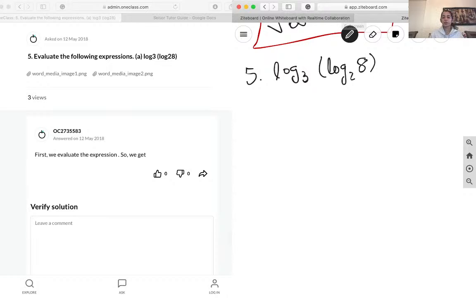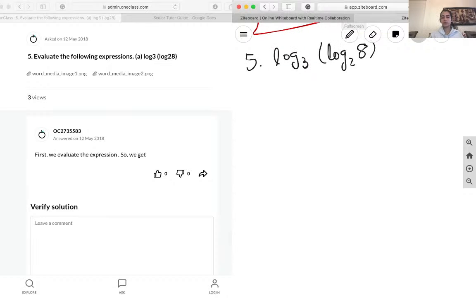Okay, so our first step is to isolate each part of the question. So we're going to first approach this part, which is log 2 to 8, log with the base of 2 to 8. And we're going to use the log rule.